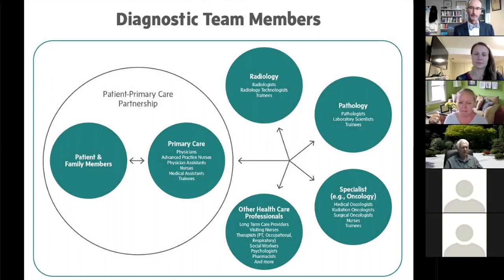And then, as we work to make a diagnosis, we're sometimes engaging radiologists, pathologists, specialists, and lots of other healthcare professionals as well, who are doing physical therapy or home visits, and lots of other things. So our teams are extremely complex, and they're necessary and very helpful in making diagnoses, but because of the complexity, they are prone to failure. Next slide.